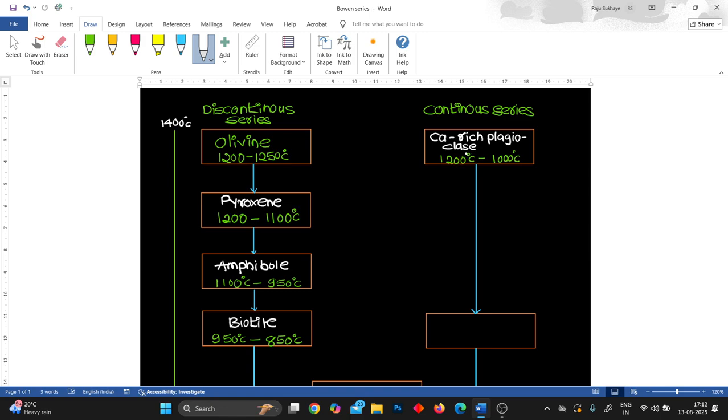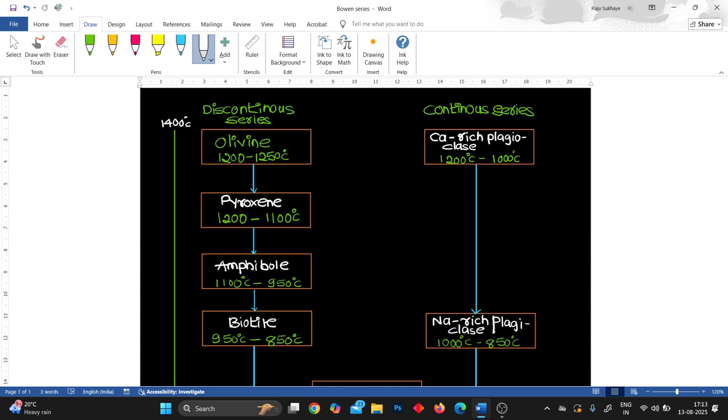Next, if the temperature keeps on reducing and reaches 1000 to 850 degrees Celsius, the next mineral belonging to the feldspar group or plagioclase that is rich in sodium is going to form. Sodium-rich plagioclase is going to get formed.